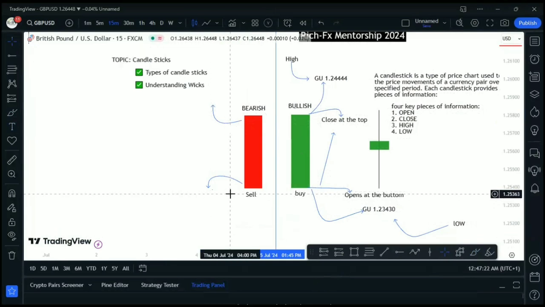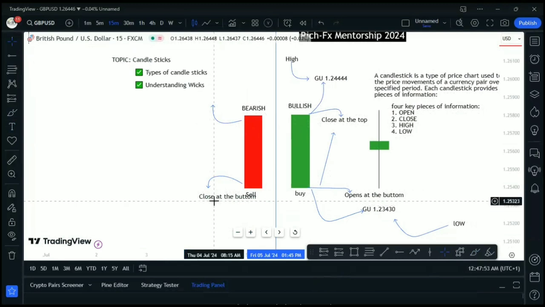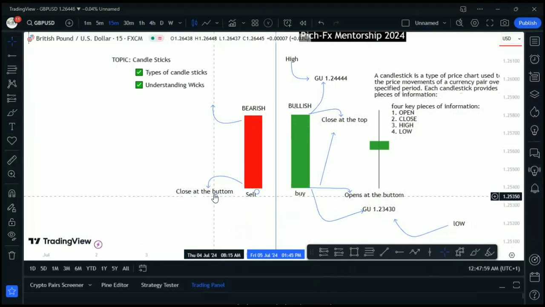The market here closes at the bottom. And then it does what?